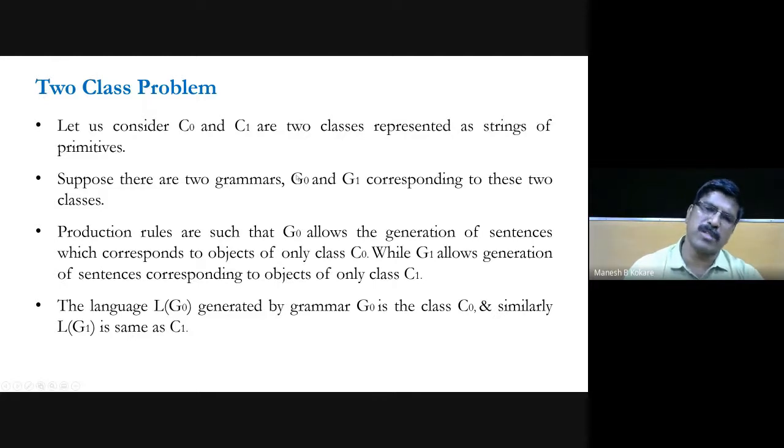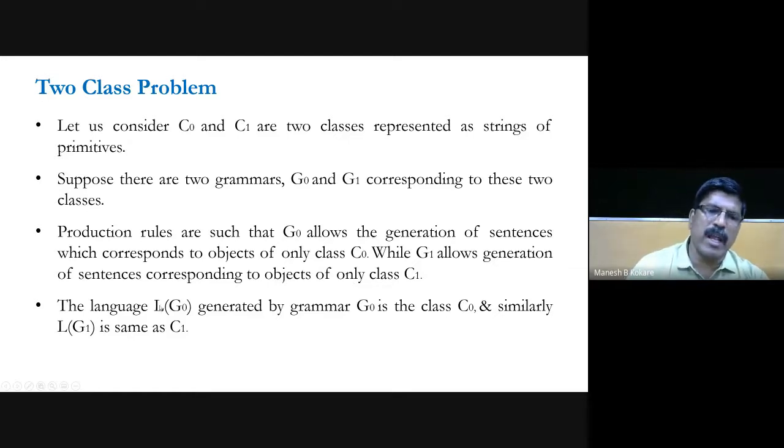With the help of the rules of G0, it will generate the language of class C0, whereas the rules in G1 will generate the language of class C1. So G0 allows generation of sentences of only class C0, while G1 allows generation of sentences of only class C1.